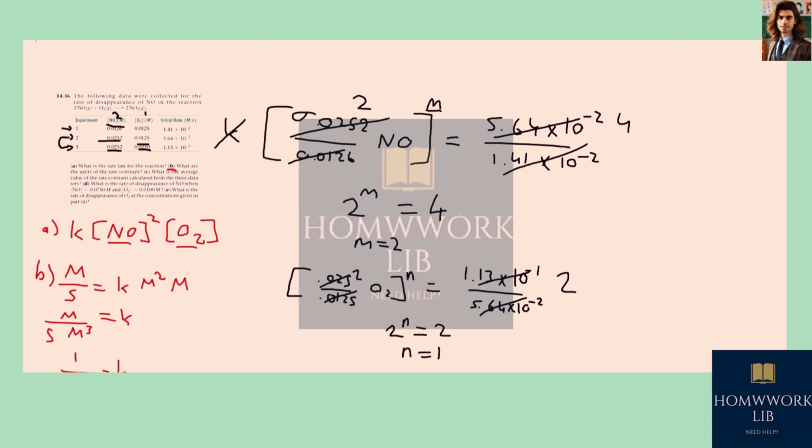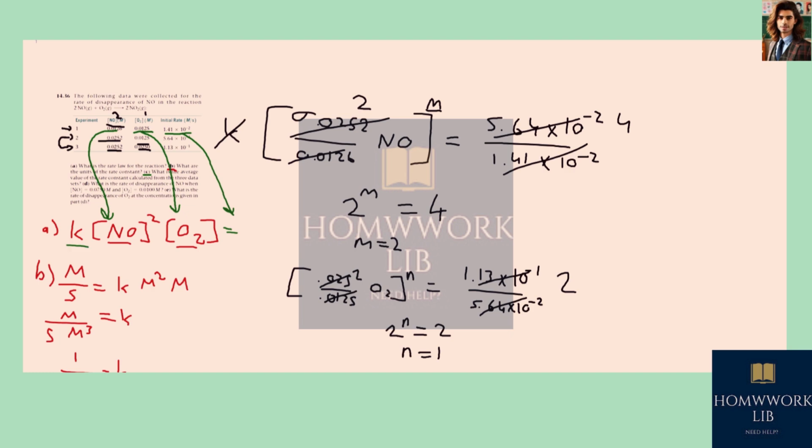So at part C, they're asking us for the average rate constant calculated from the 3 data sets. So what we need to do is write all these values into this term. Get this value over here, get this value in here, and all these are going to be equal to the rate value. And solve for k.